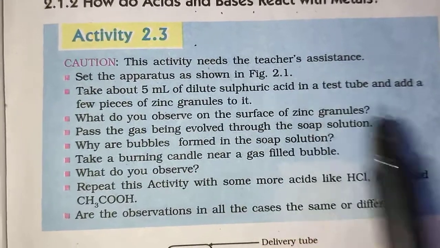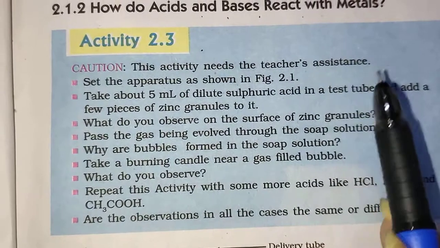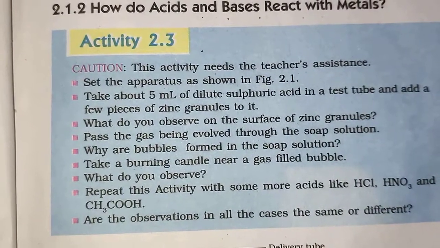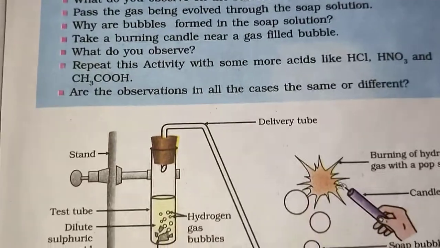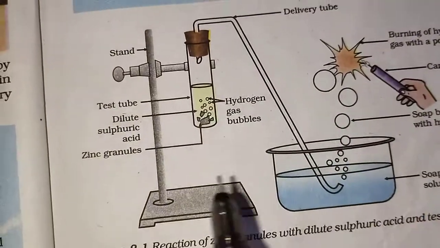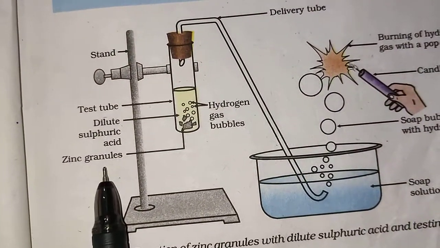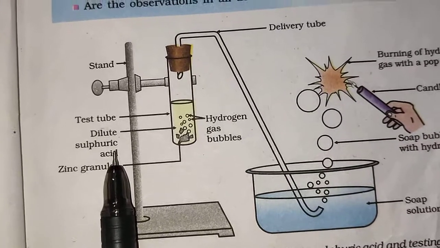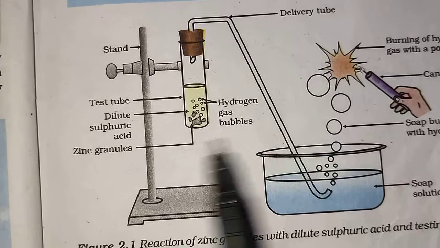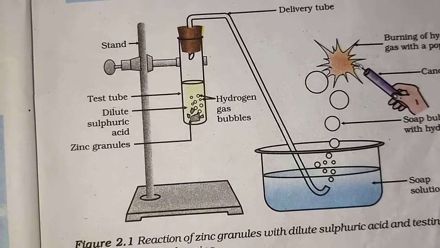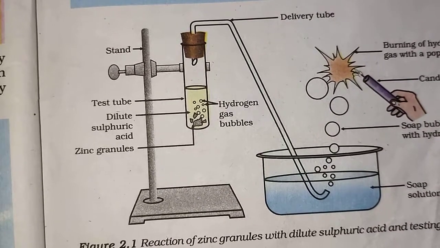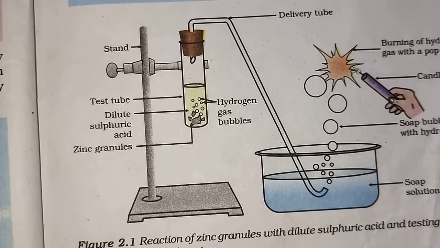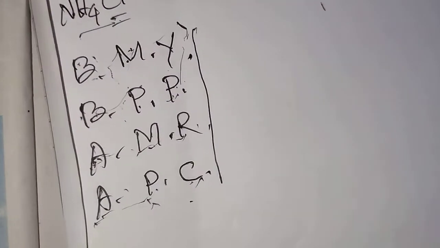So what happens? Acid and bases react with metal to form salt and hydrogen gas. Here you see this is zinc granules, this is dilute sulfuric acid. Dilute means it is water mixed. Next, what happens if the zinc and sulfuric acid react with each other?